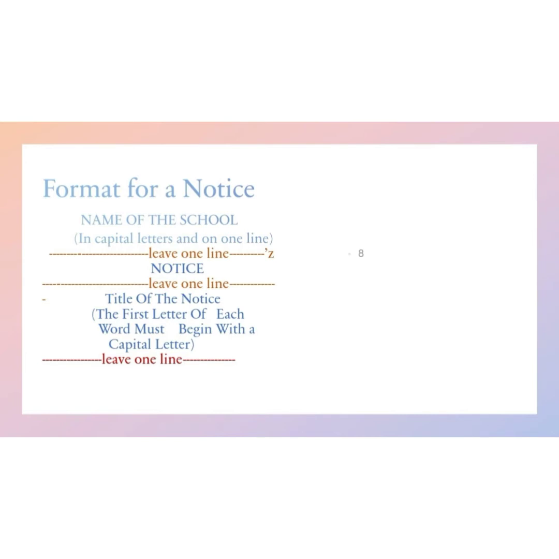After you have written the name of the school and the place, you leave one line. After you have left a line, in the center, write the word notice in capital letters. Once again, after you have finished writing the word notice, leave one line. After you have left the line, write the title of the notice.